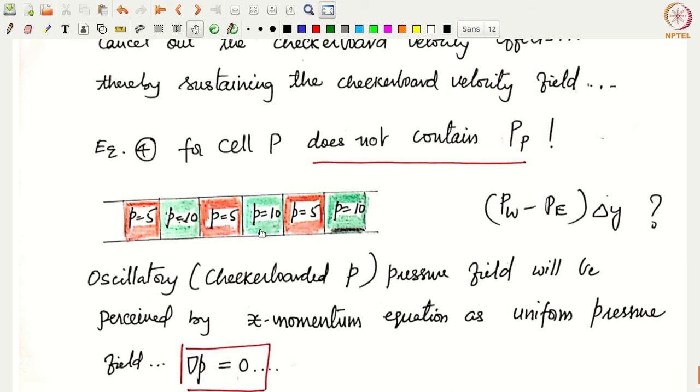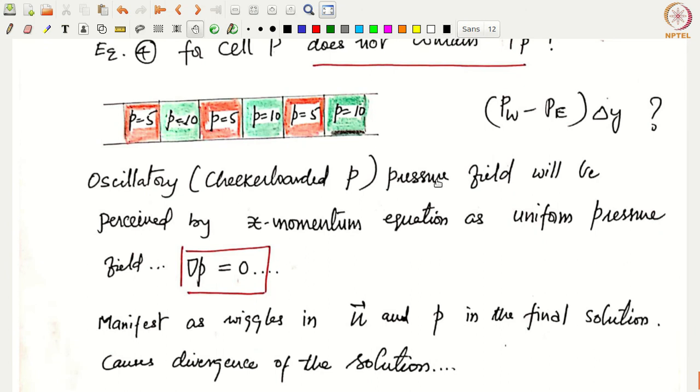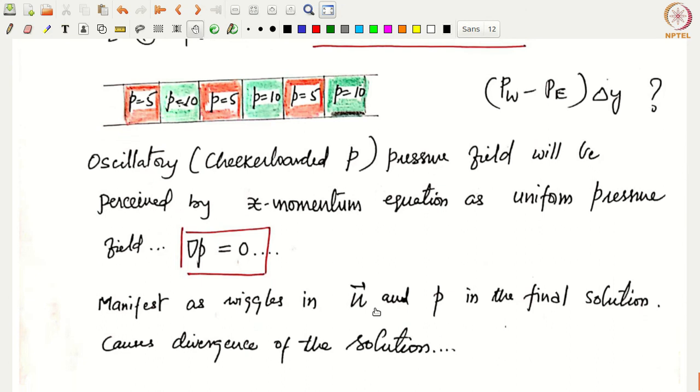Okay, as a result, if this happens when you try to solve it, essentially your final solution will have wiggles in the velocities and pressures, and these wiggles will manifest themselves into the divergence of the solution. Okay, so that means what we have seen is the oscillatory pressure field will be perceived by the x momentum equation as a uniform pressure field, right? The gradient of P is 0.